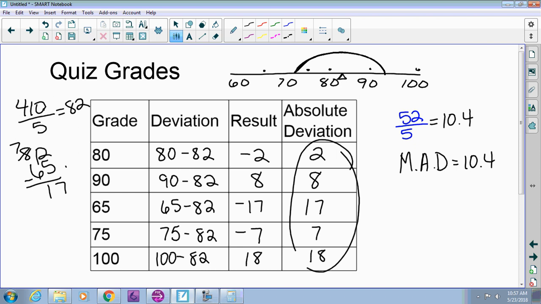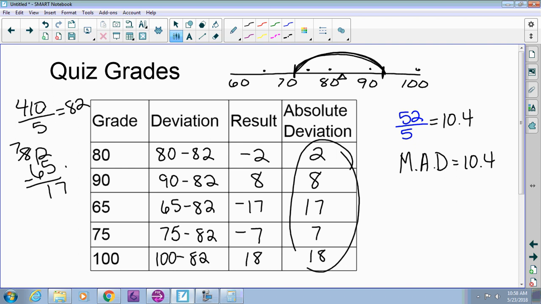So most of your scores are going to fall in between here. That's where you're typically going to see most of your scores, because I went about 10 below 82 and 10 above 82. That says that on average, kids were scoring within 10 points of that mean test score.